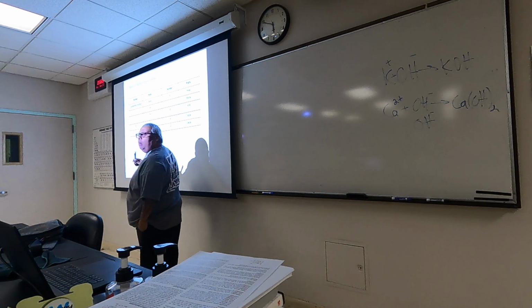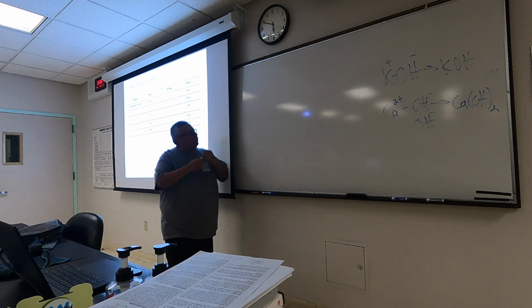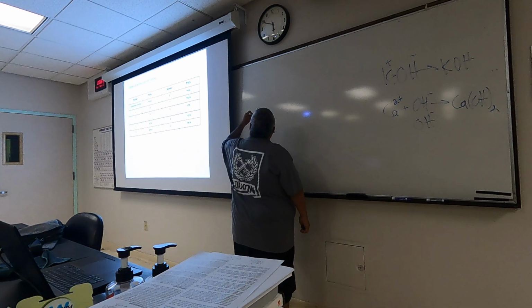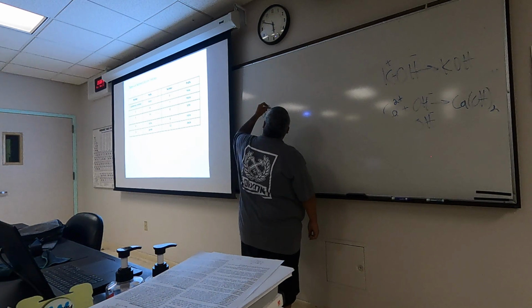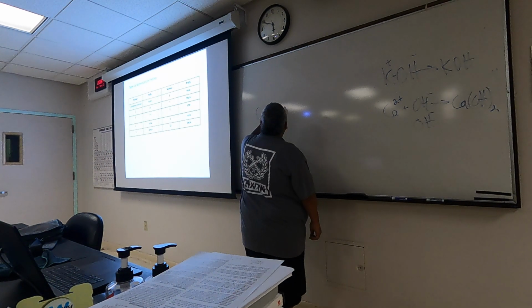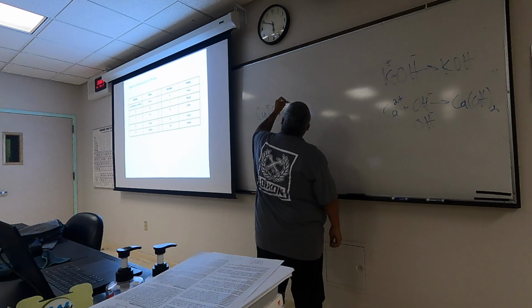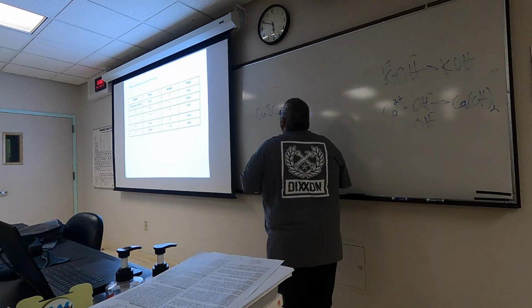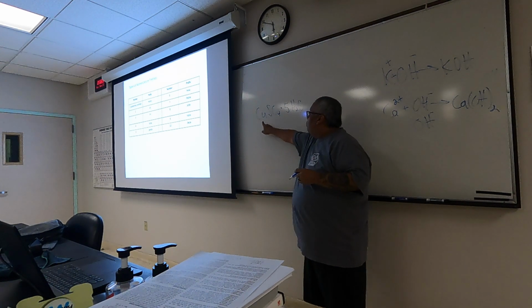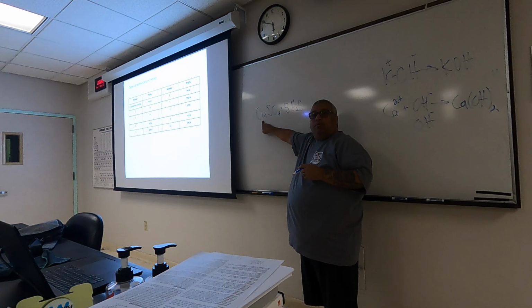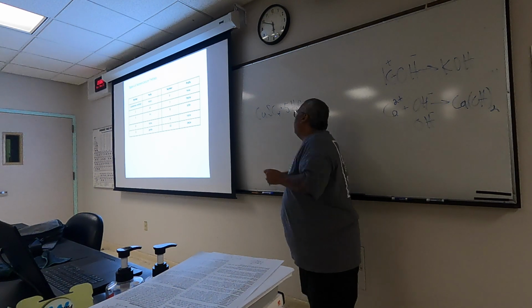If we take a look at copper sulfate, this was copper 2 sulfate that they had. Copper 2 sulfate, and then it was 5. So we can name this copper 2 sulfate. I need a Roman numeral because copper is a transition element.